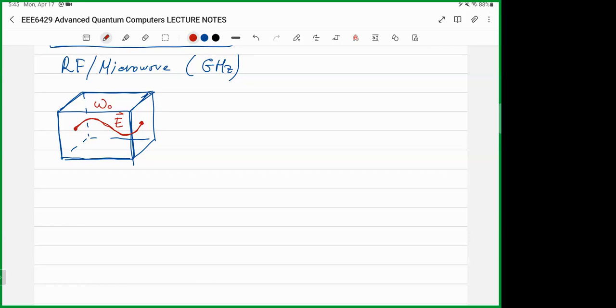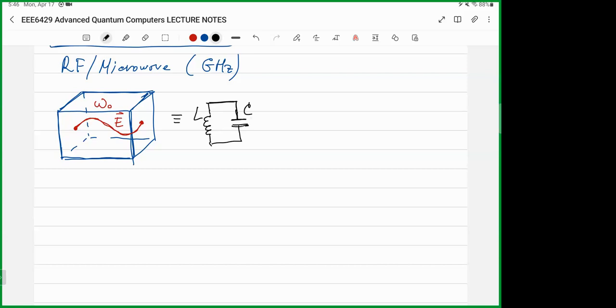And in fact, we can describe this resonant system through the lumped element approach, as a combination of some inductance and capacitor, this L and C, right?